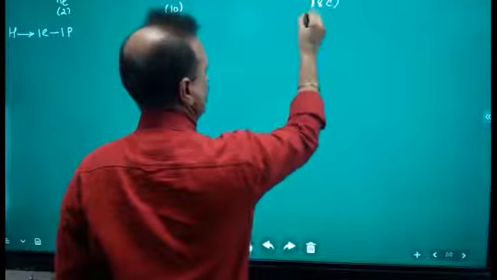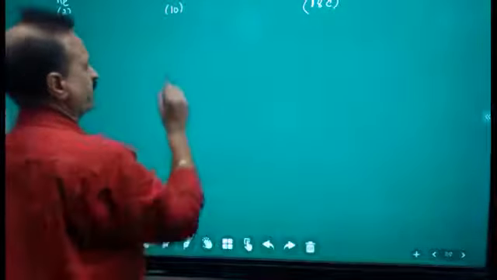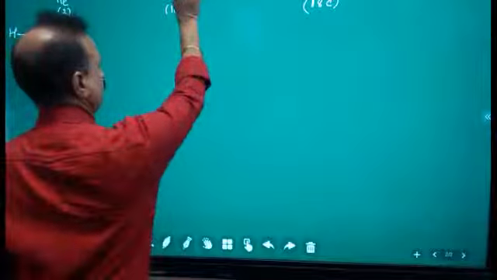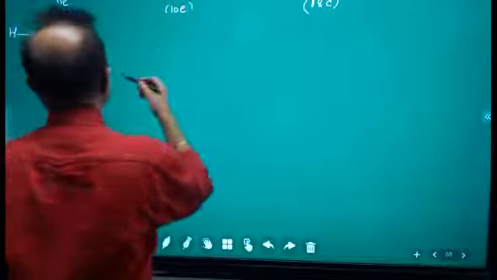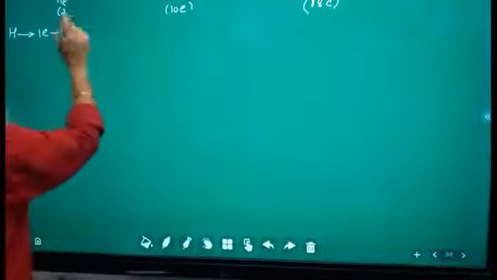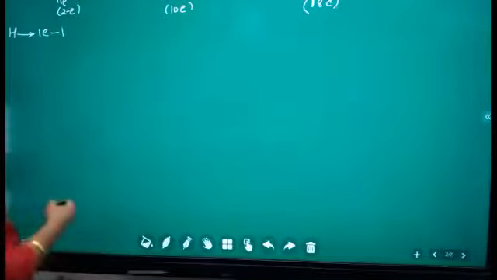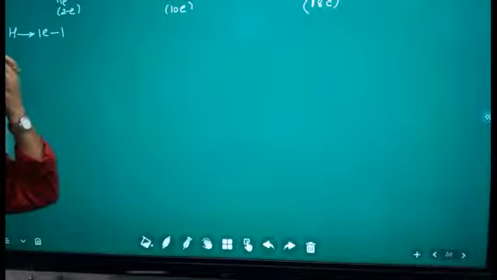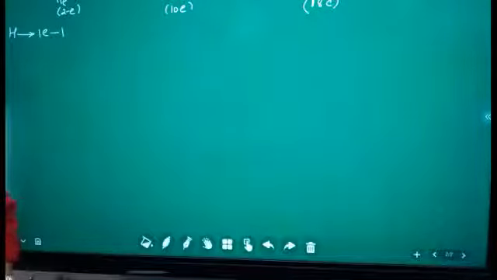It means 18 electrons are present in argon, 10 in neon, and 2 in helium. So due to this noble gas electronic configuration, an element will try to make the same number of electrons as its nearby noble gas.